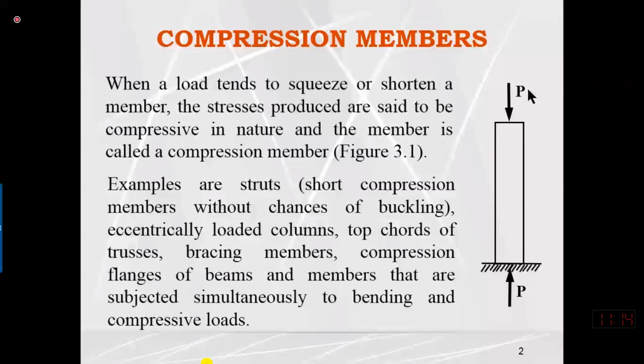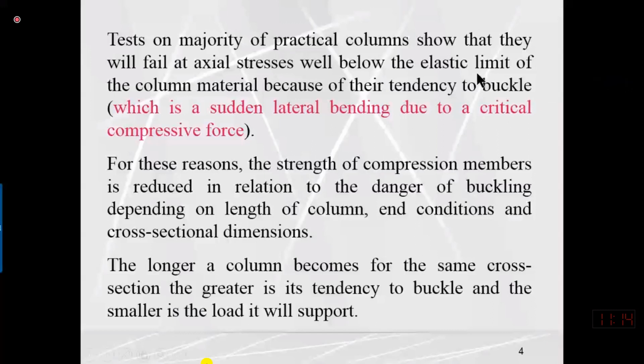So normally we regard that the compression member fails within the elastic range at a stress value considerably less than yield stress. We will study this in detail also. For this reason, the strength of a compression member is reduced in relation to the danger of buckling, depending upon the length of the column, end condition, and cross-section dimension.